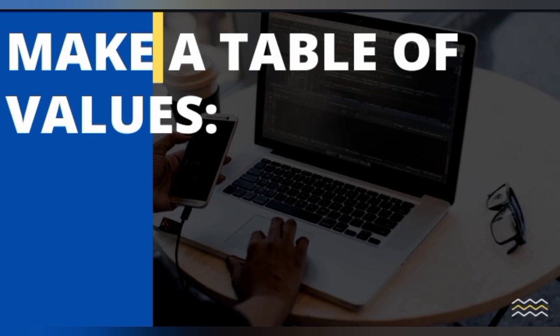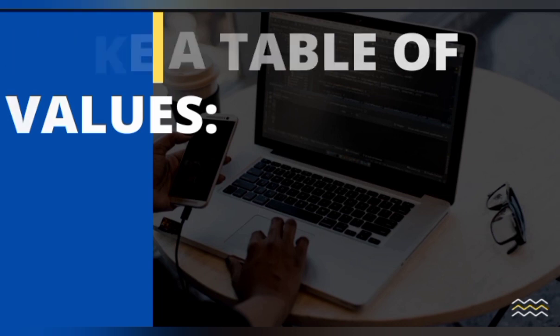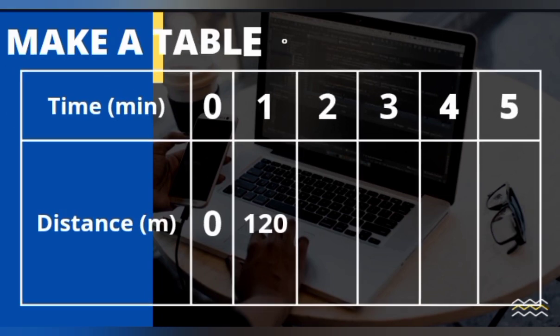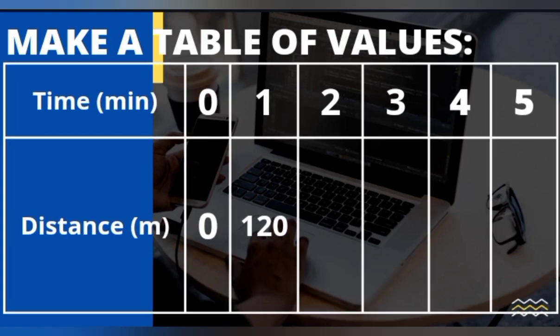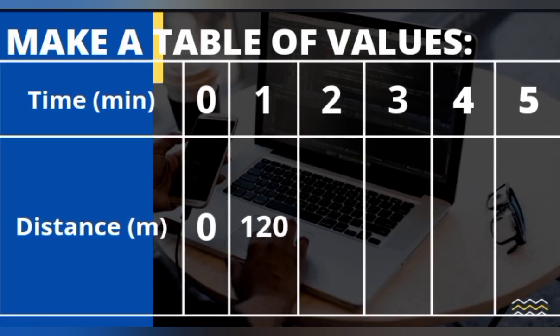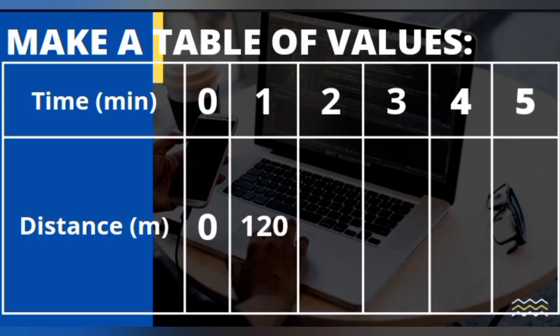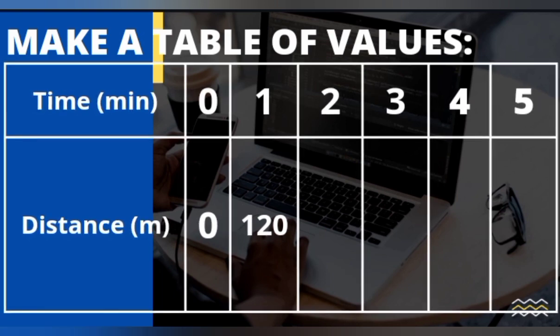Now here I am going to be teaching you how to make a table of values. So listen carefully. Now from the question, we are told that Chukwudi walks at a speed of 120 meters per minute. Now we have here a table having 2 rows and a number of columns. On the first row we have time in minutes, and on the second row we have distance in meters.